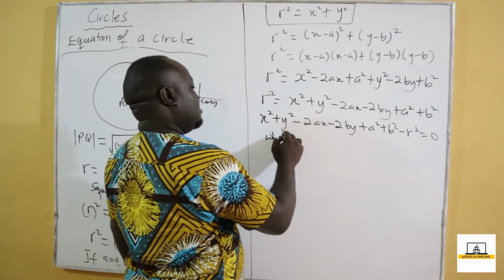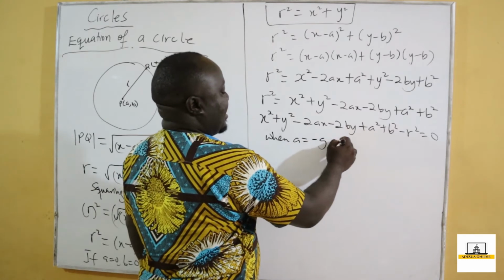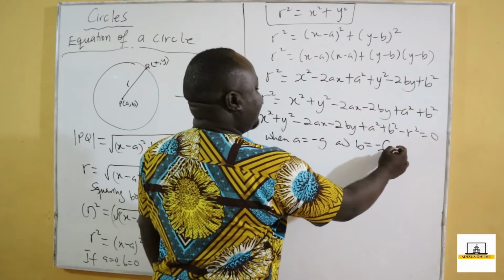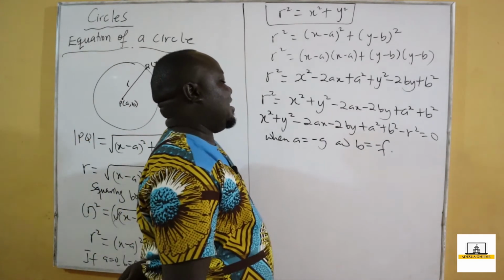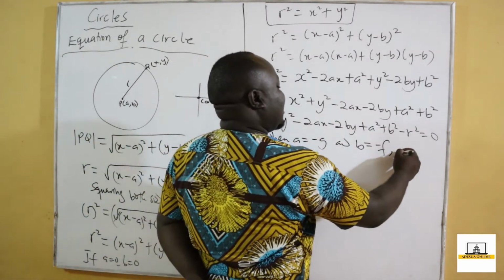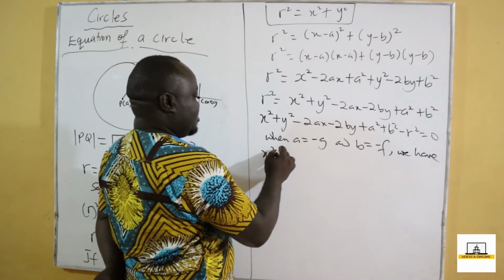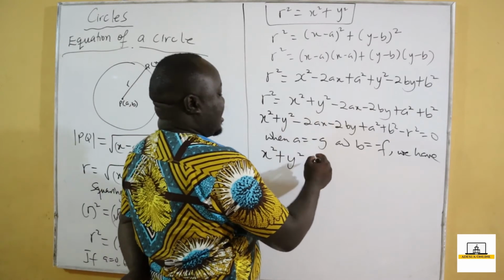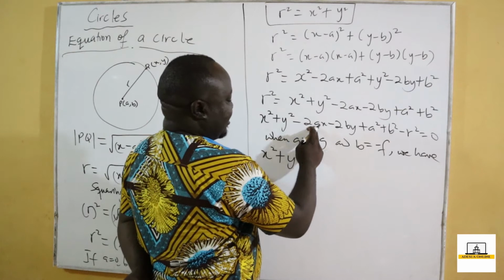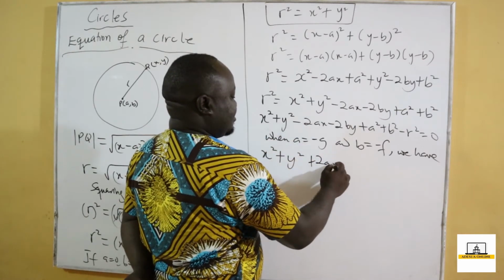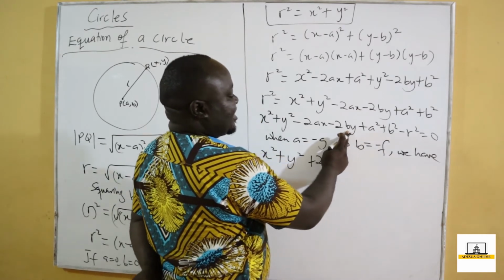We have x squared plus y squared. Now, a is minus g, so this will be minus 2 times minus g, which will give us 2gx.